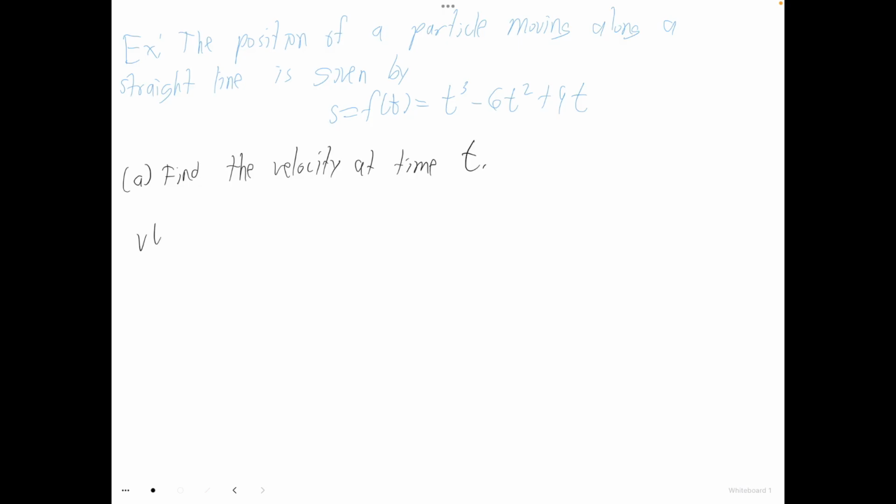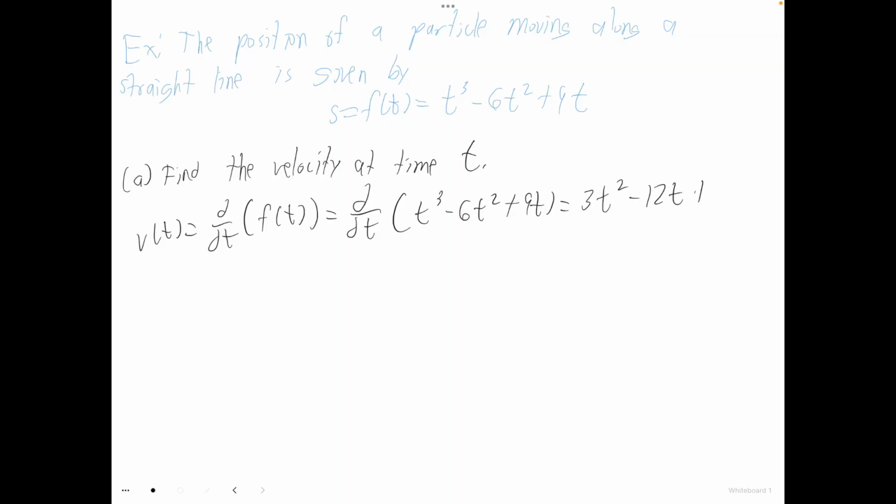And so the velocity at time t is the derivative with respect to t of f of t, which is the derivative with respect to t of t cubed minus 6t squared plus 9t. And using the power rule, this equals 3t squared minus 12t plus 9. And so 3t squared minus 12t plus 9 is then the velocity of the particle. So this is telling us then the velocity at any given point in time.